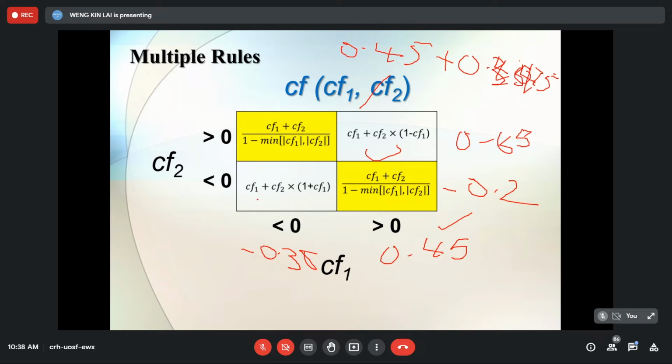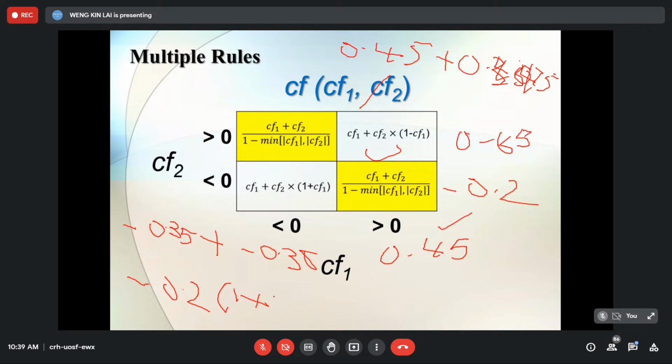Now, the same applies here. In this case, you have your CF1, which is minus 0.35, right? Then you multiply with your CF2, which is minus 0.2. So both are negative. CF2 is minus 0.2, multiplied by 1 plus CF1.